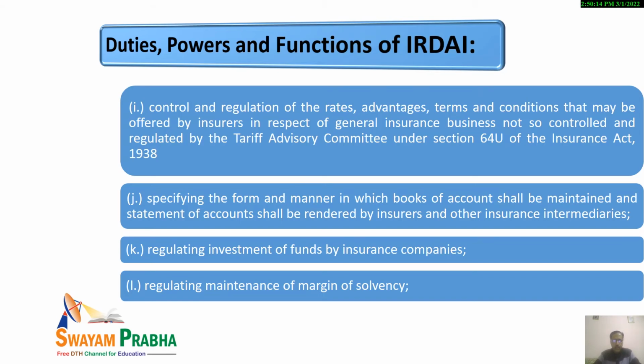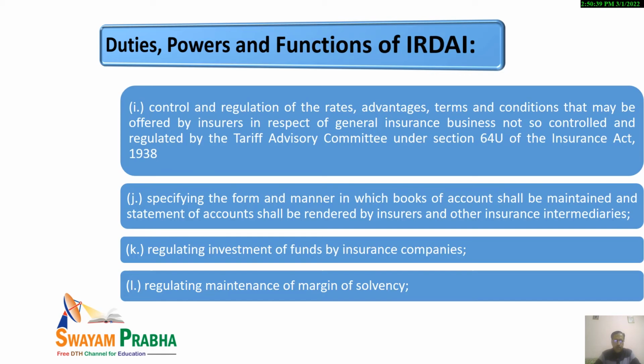In addition to that, IRDA is empowered to specify the form and the manner in which books of accounts will be maintained by the insurance companies doing the business of insurance in India.